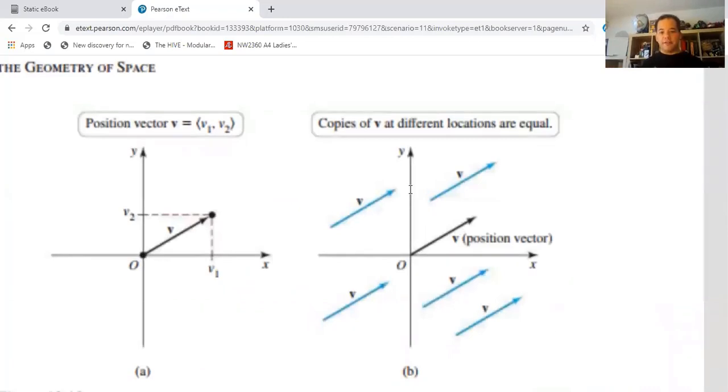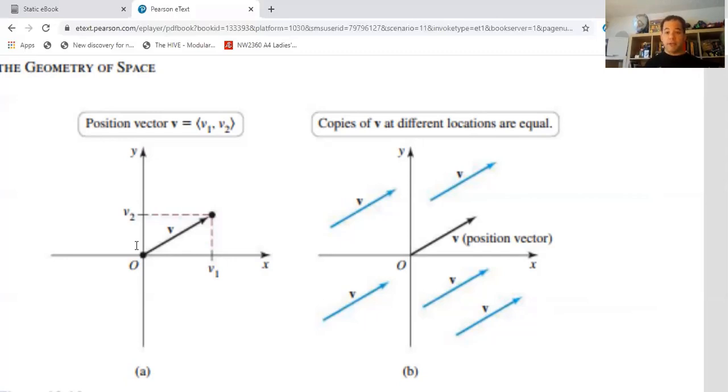On the right-hand side, you see a bunch of vectors that are all the same. They're the vector v, and you can see they all point in the same direction. You can have a lot of them. But if you make it a position vector, then suddenly there's only one, right?